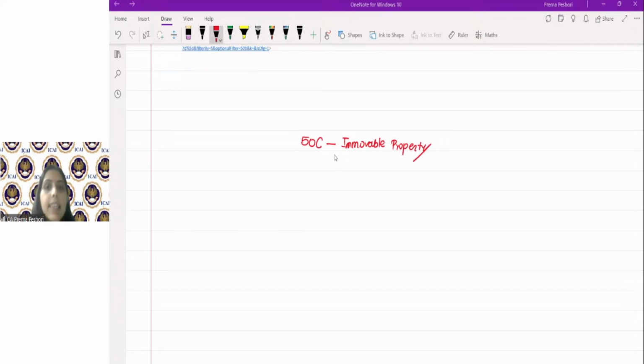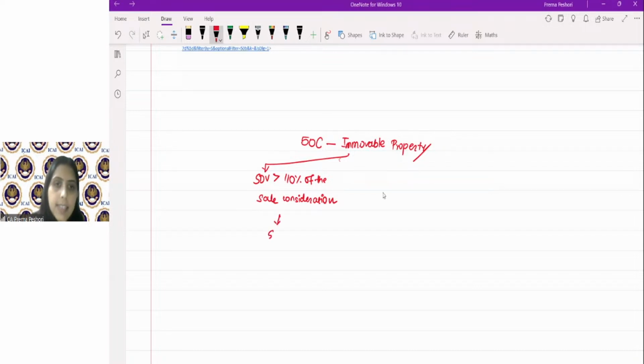If it is sold, then if the stamp duty value exceeds 110% of the sale consideration, then the stamp duty value is to be taken as the FVC.